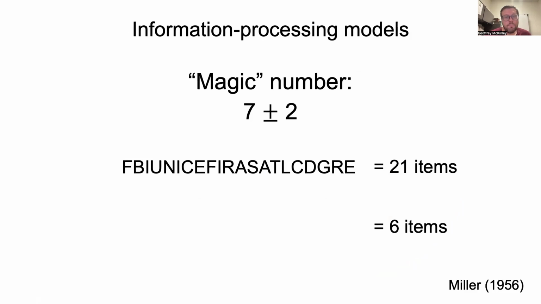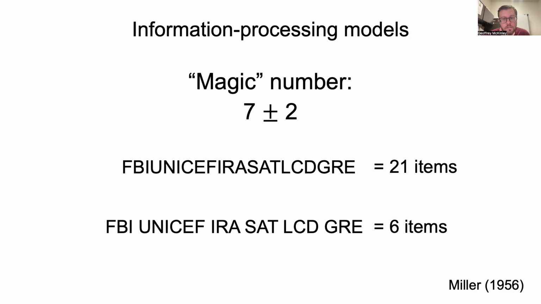Adopting concepts from information theory, George Miller proposed an information processing bottleneck, because the information channels have capacity limitations, and those limitations yield a bottleneck in terms of how information flows. He found that we could only remember 7 plus or minus 2 items. And an item could be anything. It could be a letter or a single digit number, or it could be a word as well.